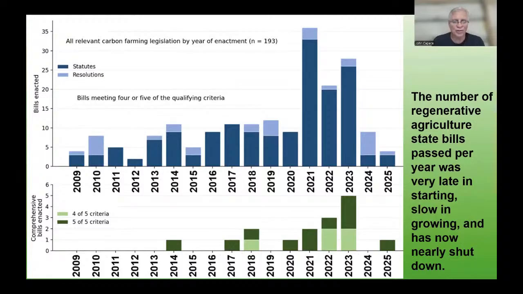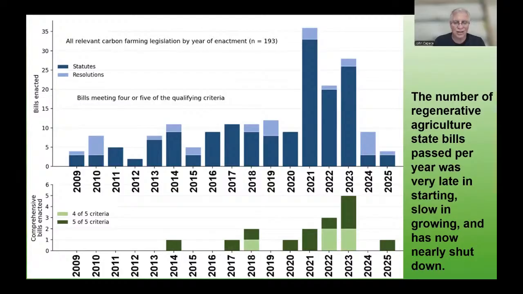The peak occurred in 2023 when a grand total of only 5 comprehensive bills passed. By 2024, that number dropped to 0. And 2025 saw only a single high quality bill enacted. We're not just losing momentum, the legislative engine has essentially ground to a halt.